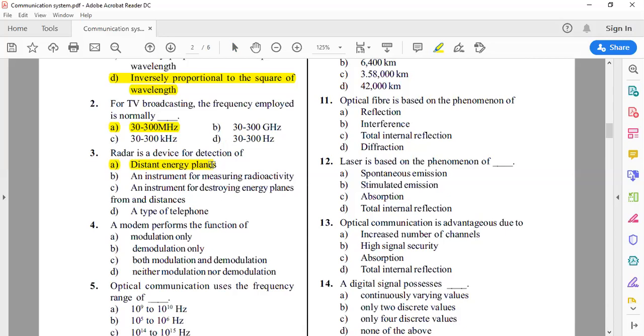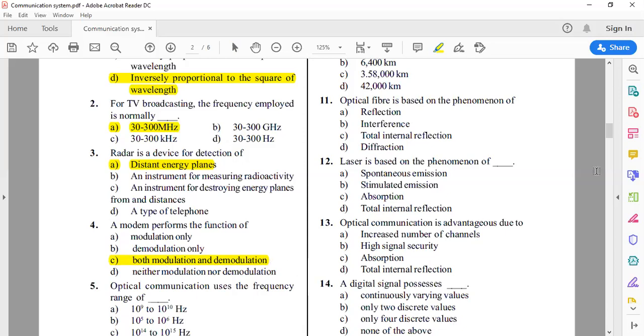So the correct option for question number 4 is option C, both for modulation and demodulation. Modulation means to transfer the weak signal onto the carrier waves, and demodulation means to regain this weak signal from the carrier waves. So this is the actual function of this modem.